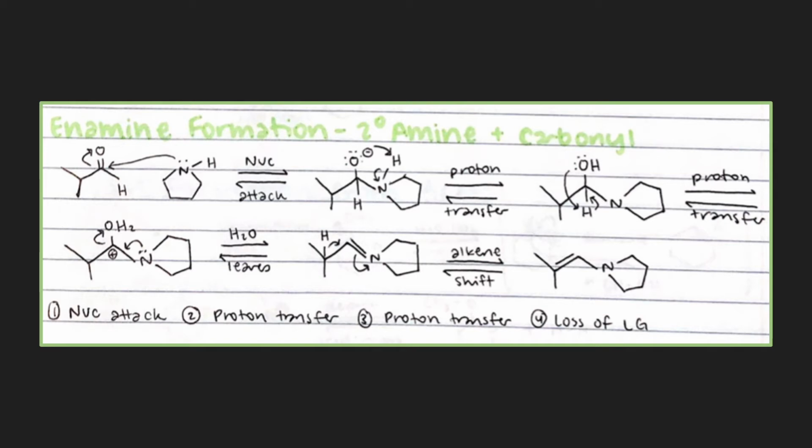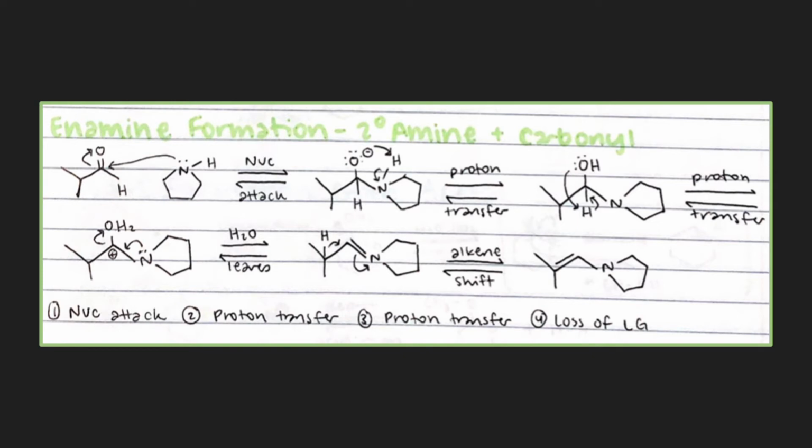This movement of electrons will allow then for a nucleophilic attack by our nitrogen nucleophile, and the single hydrogen that was on the secondary amine will be used in a proton transfer to oxygen, which will allow for the formation of an alcohol.